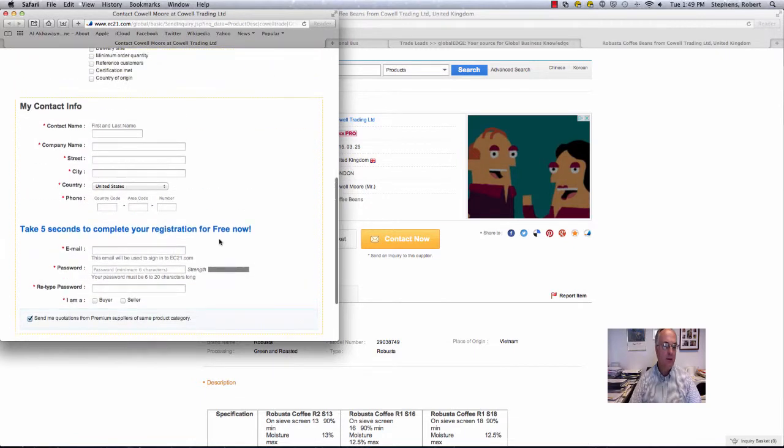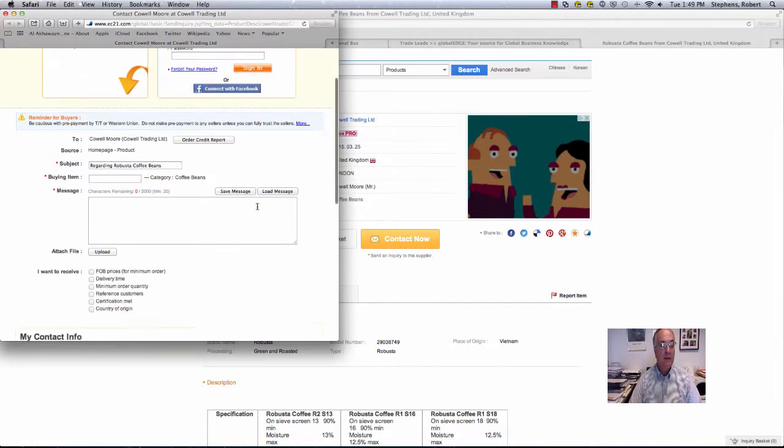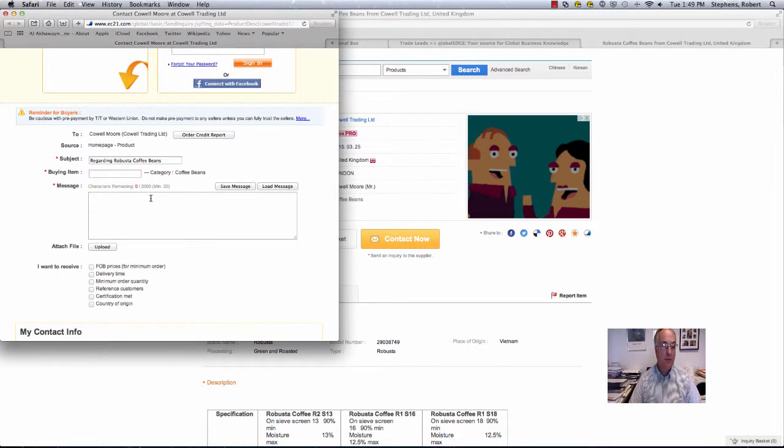It looks like we don't have to. We can register if we want, or we can just fill in that information. So I could just fill in my message, my item, coffee, and that's pretty self-explanatory.